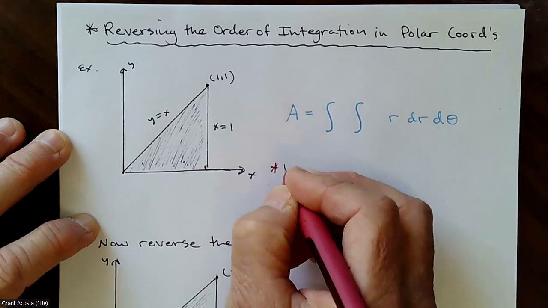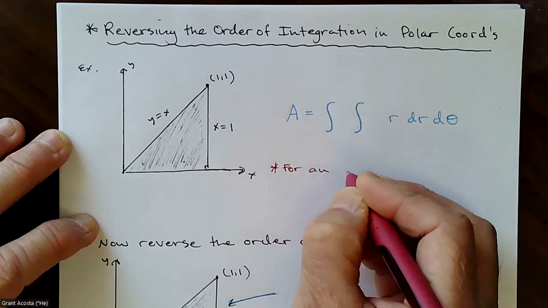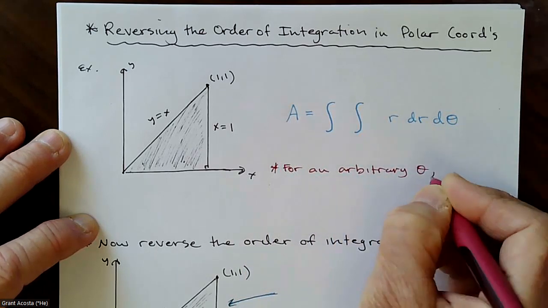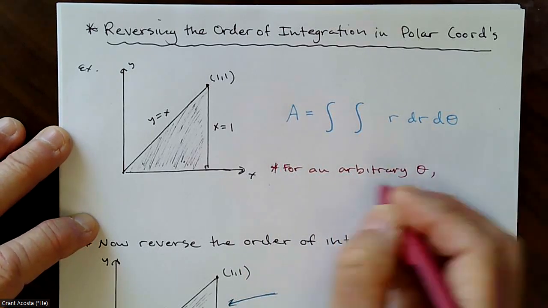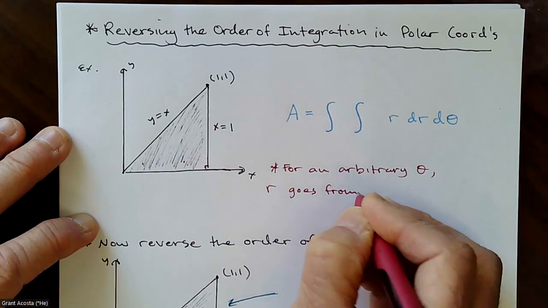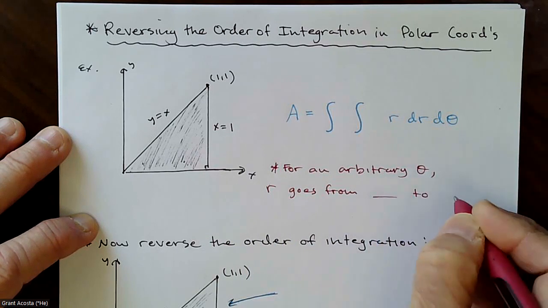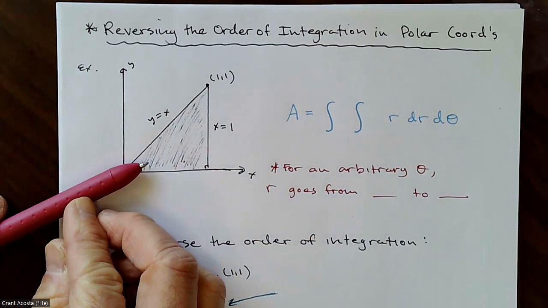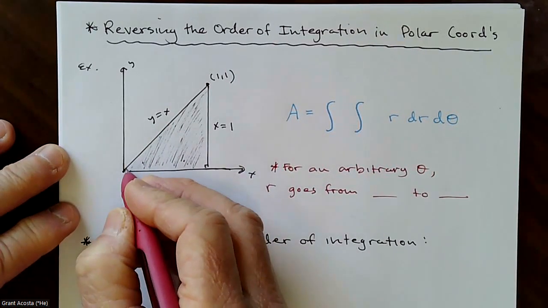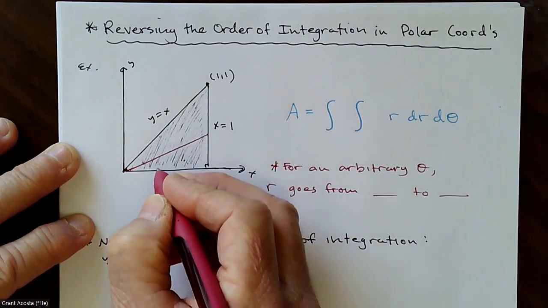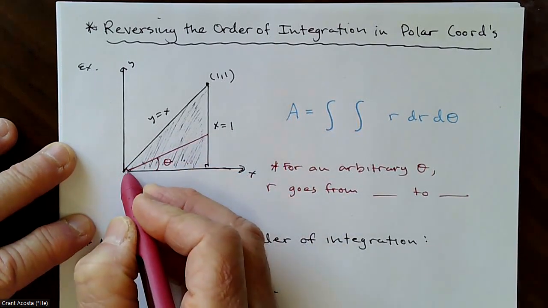So for an arbitrary theta, r goes from something to something else. If you pick a random theta somewhere between 0 and pi over 4, let's say right here, this angle theta, what does r vary from?